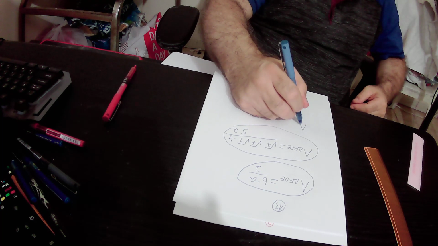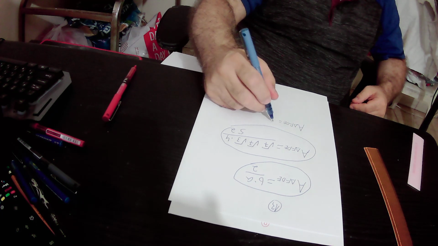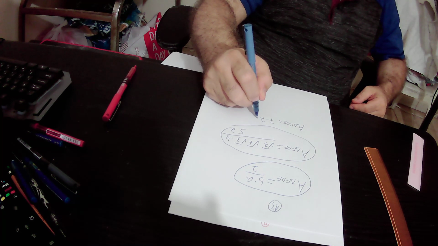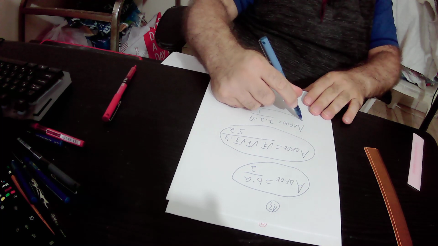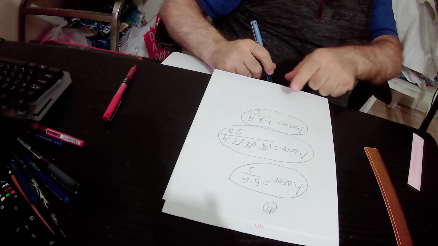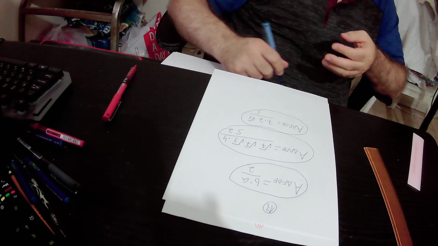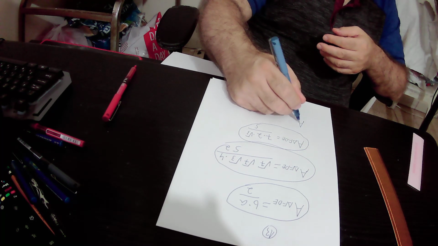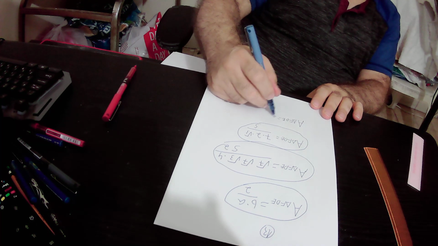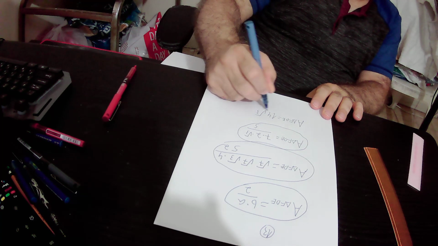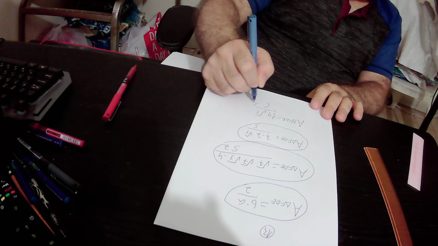So the area of the green triangle FDE equals 7 times 2 times root 3 over 5. 7 times 2 is 14, so the area of the green triangle FDE equals 14 times root 3 over 5 square units.